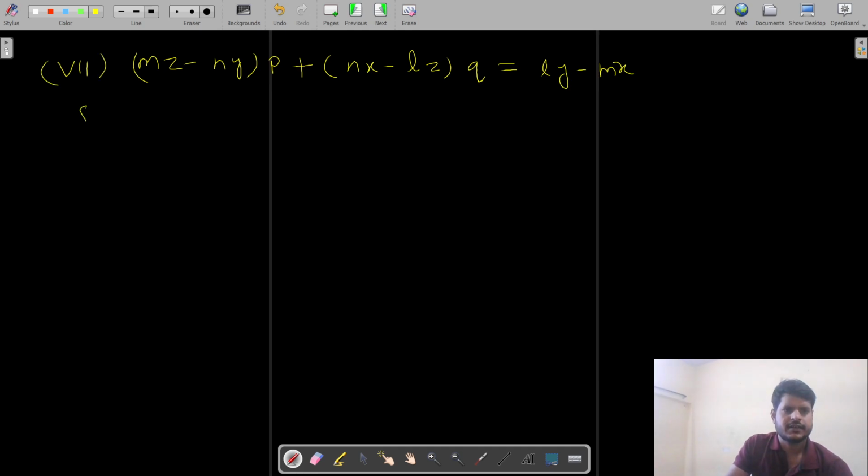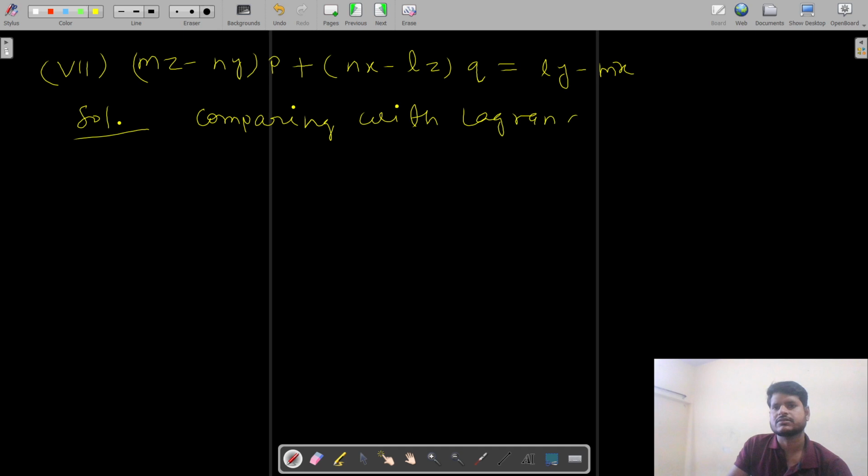Now write down the solution. First, comparing with the Lagrange equation. ये क्या है Lagrange equation? Capital P small p plus capital Q small q equal to R, right?